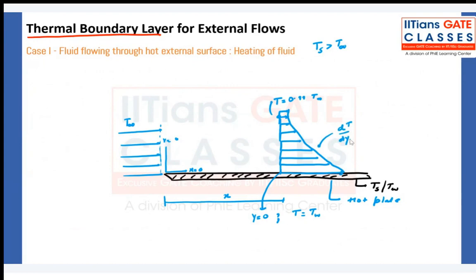Similarly, we can do that at different locations along x, and then we can join all of them, and we have this thermal boundary layer. Now we know that inside this thermal boundary layer, dT by dy is not equal to 0, and outside there is no temperature gradient.